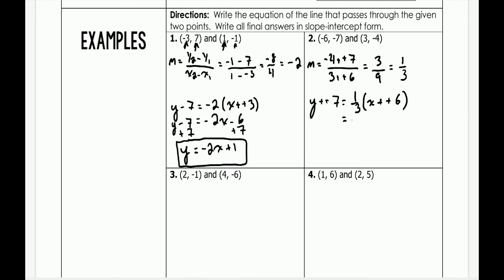Now we're going to distribute the 1/3. 1/3 multiplied by 6 is the same thing as 6 over 3, and that simplifies to 2. We have y plus 7. Now we're going to subtract 7 from both sides. We have y is equal to 1/3 x plus 2 minus 7, which is -5. That's in slope-intercept form. That means we're done. So that would be our answer for number 2.